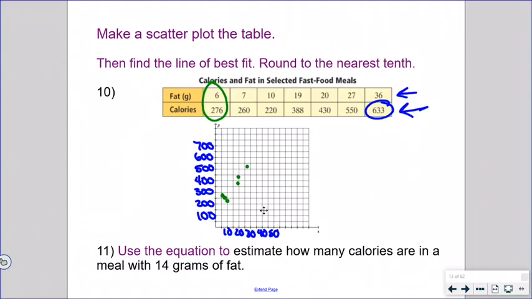Let me move it up just a little bit more. And then we have 633, which is going to live right around there.